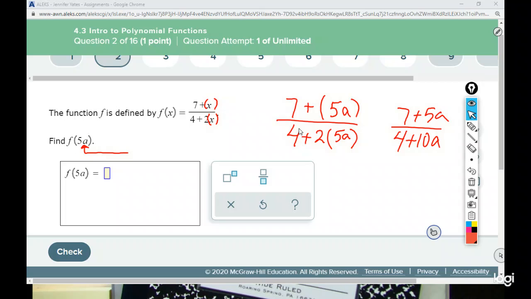Does 5 go into 7? Does 5 go into 4? If I want to reduce this fraction when it is a sum in the top or the bottom, or a difference, you can only reduce if every single term in both expressions reduced by the same factor. So that is simplified. I'm glad you asked. That was a good question.